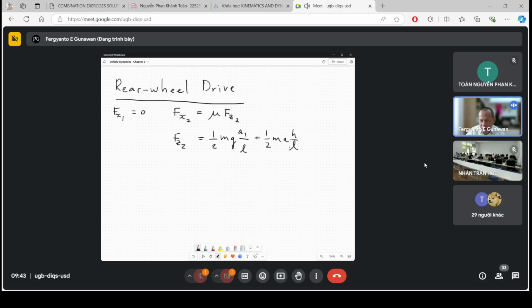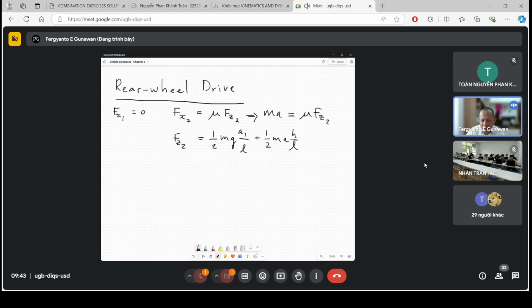Now these equations can be written as m and a equal mu and fz2.